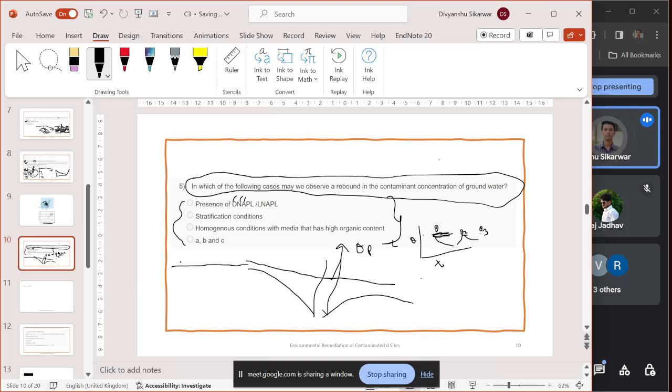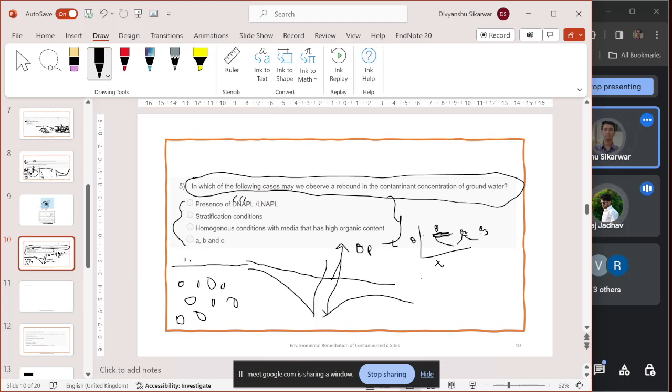Like if this is the ground and these are soil particles, these are pore spaces. Water gets stored in the pore spaces, and if the contaminant is dissolvable in water, then the contaminant will also be present in these pores with the water.